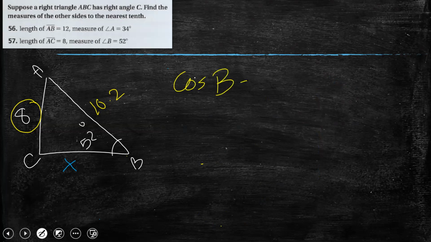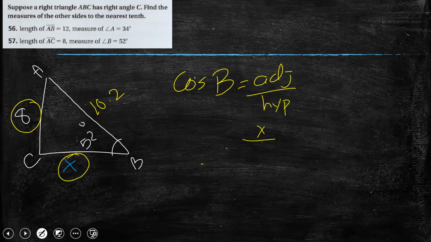So then cosine B is the adjacent over the hypotenuse. Now where's the adjacent? It is x. Where's the hypotenuse? 10.2.